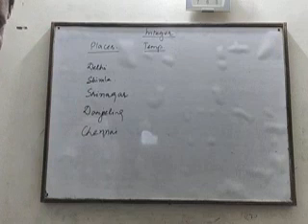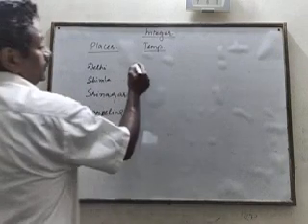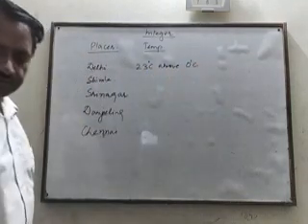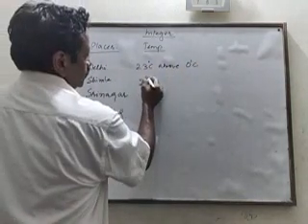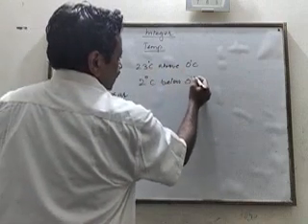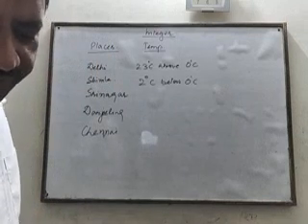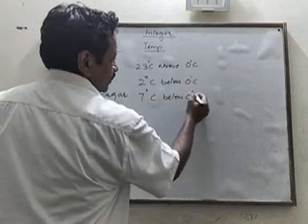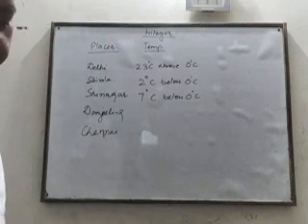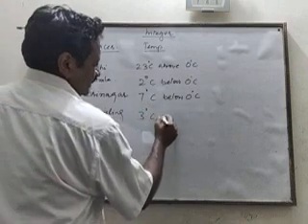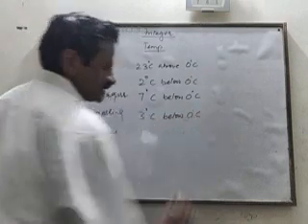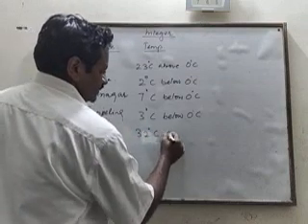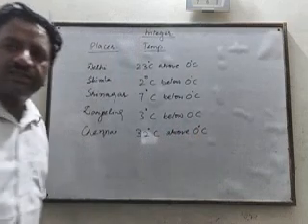And the temperatures are: 23 degrees Celsius above 0 degrees Celsius; 2 degrees Celsius below 0 degrees Celsius; 7 degrees Celsius below 0 degrees Celsius; 3 degrees Celsius below 0 degrees Celsius; and 32 degrees Celsius above 0 degrees Celsius.